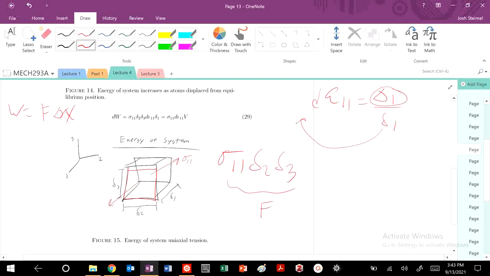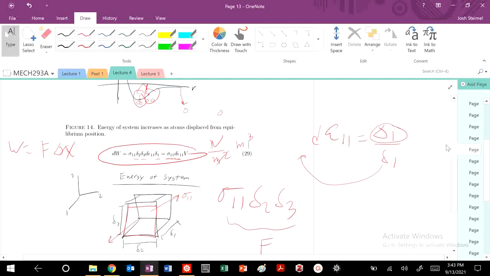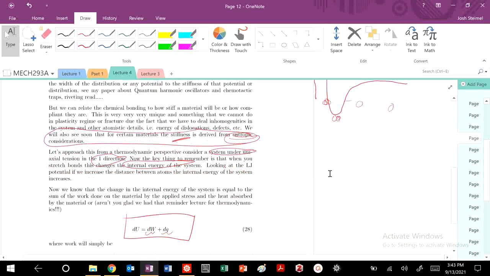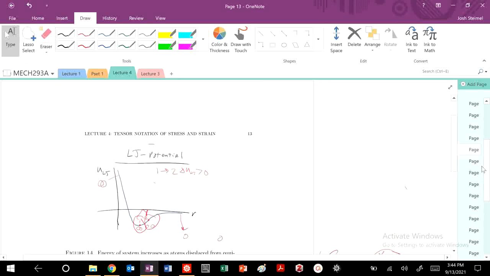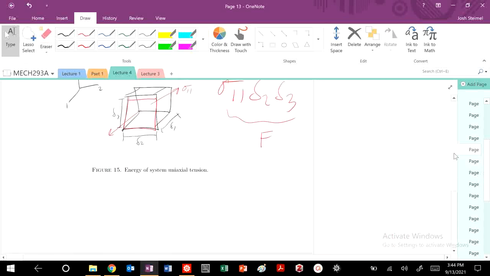This expression reduces to stress times strain times delta 1 delta 2 delta 3, which are volume elements. You can double check the units: Newton per meter squared times volume in meter cubed gives Newton meter, which is an energy. So calculating the work is not too bad, and we've kind of done it before. Remember your elastic strain energy calculation, and look back at those notes as you go through it.